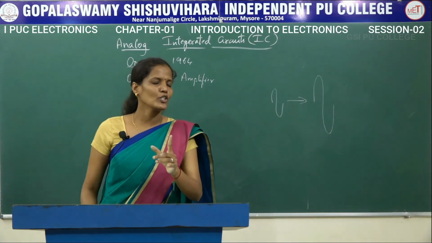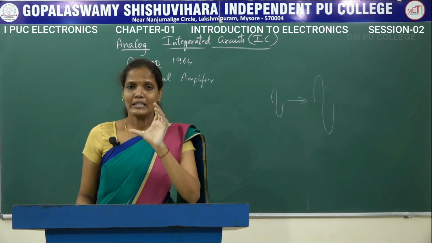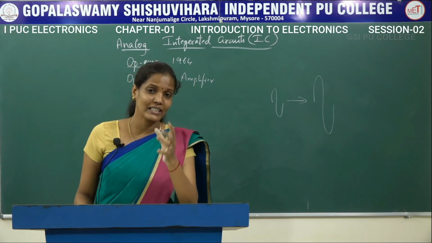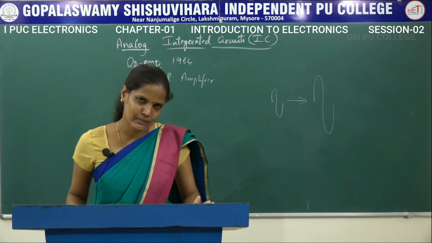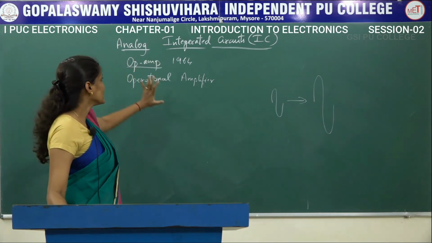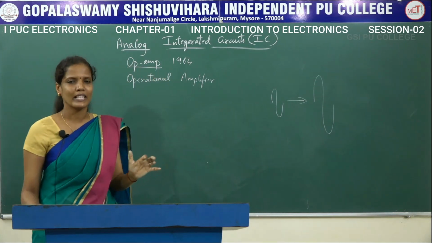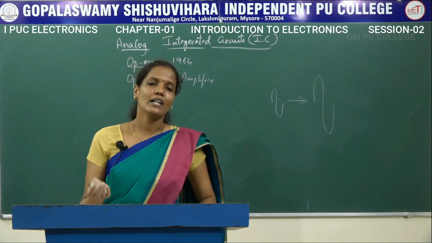So with the invention of the op-amp, the amplifier which was constructed with discrete transistors and passive components is completely eliminated. We use this op-amp as an amplifier in almost all electronic circuits, be it a simple TV or a mobile phone.